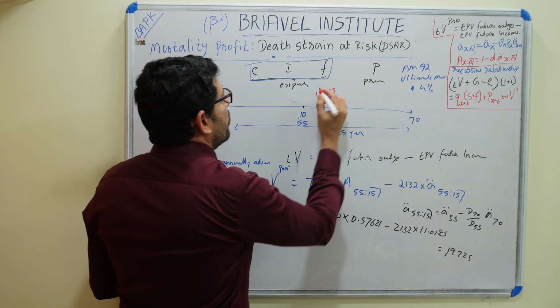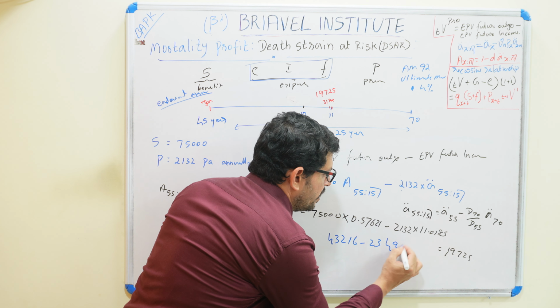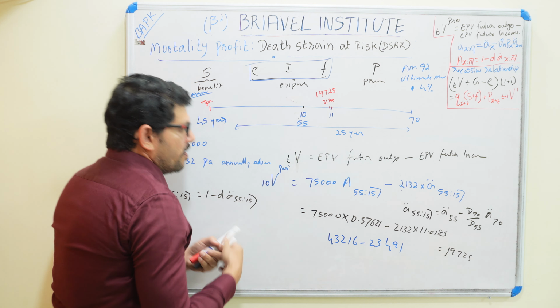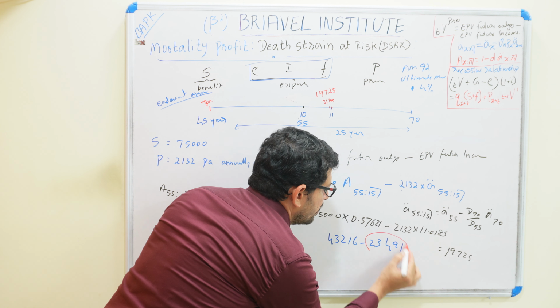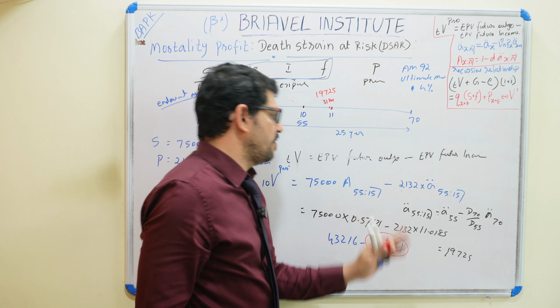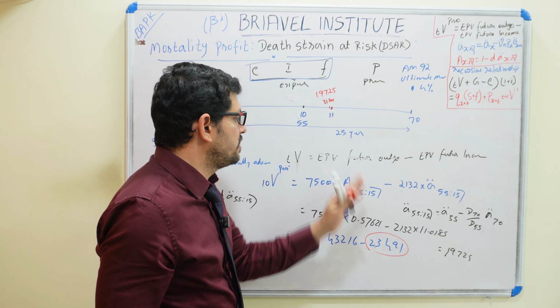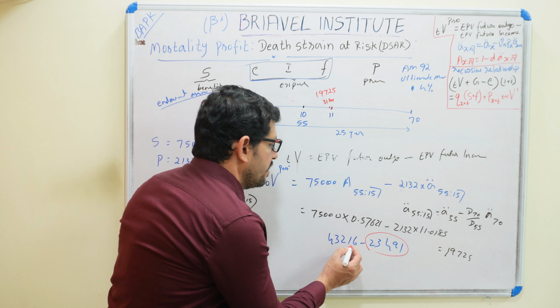Why is this reserve required? The expected present value of future outgo minus the expected present value of future income gives this difference of 19725, which is actually a loss. Future outgo is 43,216 minus 23,491, because my future income is only 23,491, but my future outgo is 43,216.